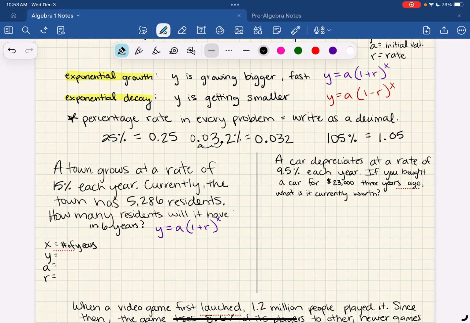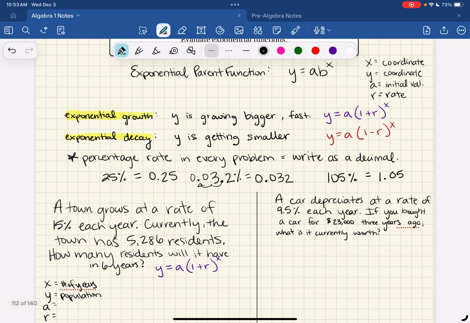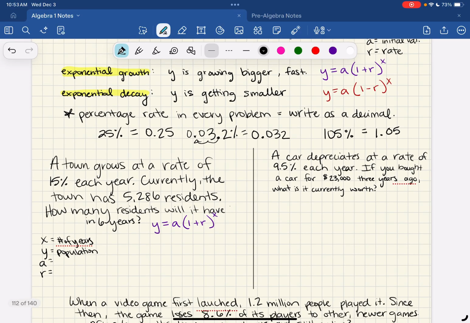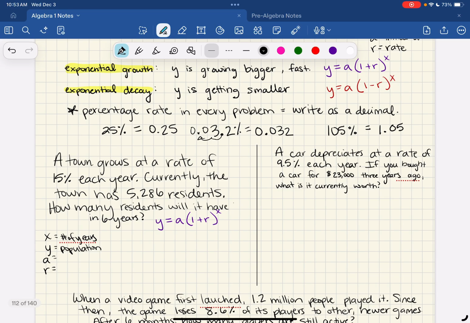And we're comparing that to the population. Good, what did we say a was? Our initial value. So how many residents did this town start with? 5,286. And what is my interest rate as a decimal? Good, 0.15.